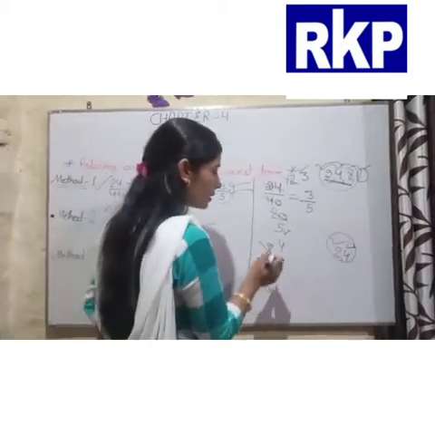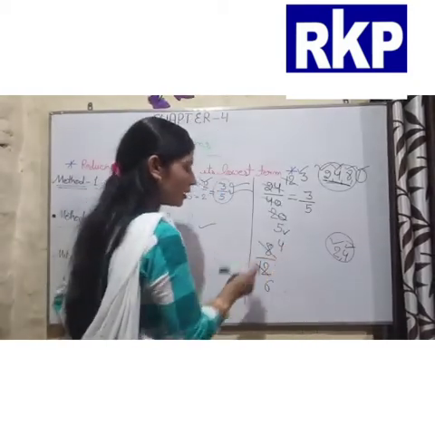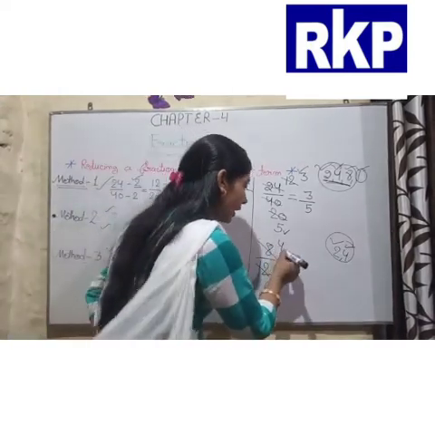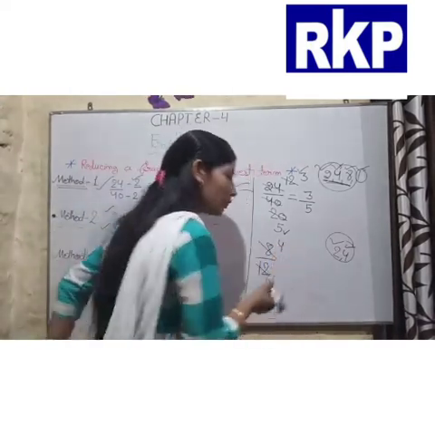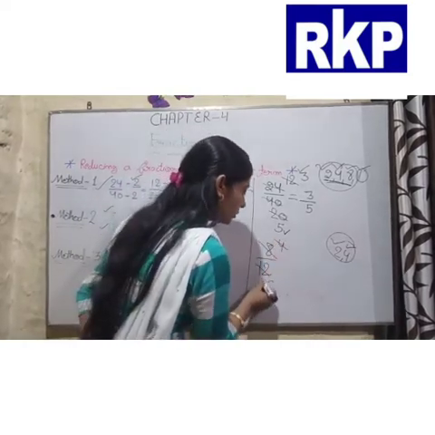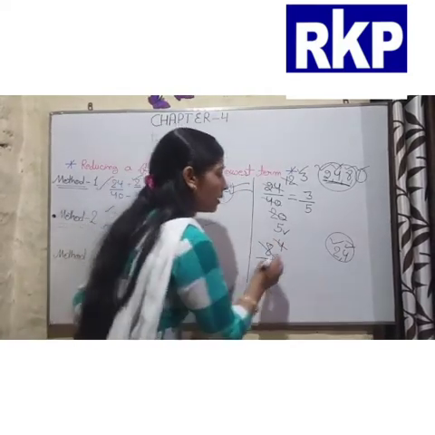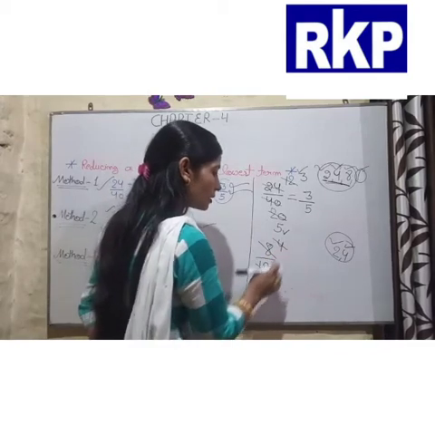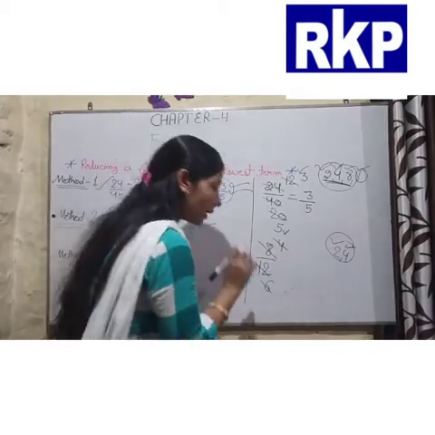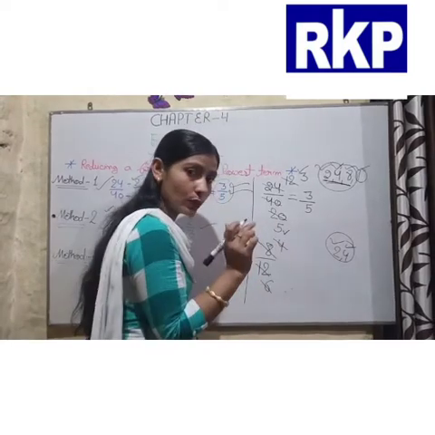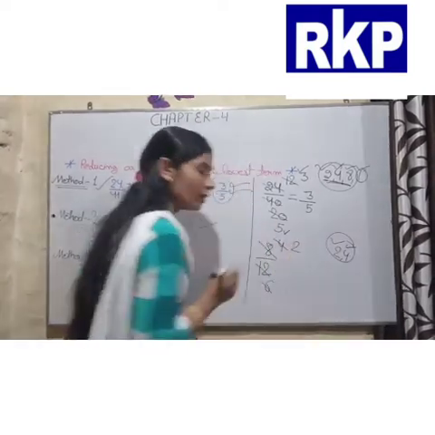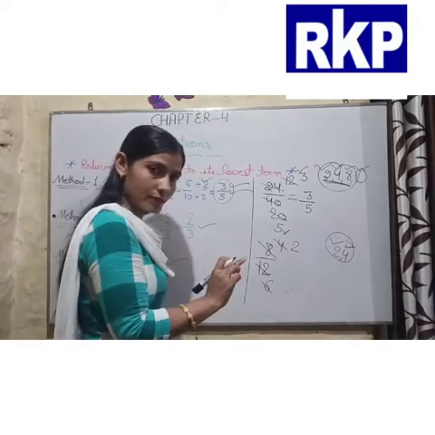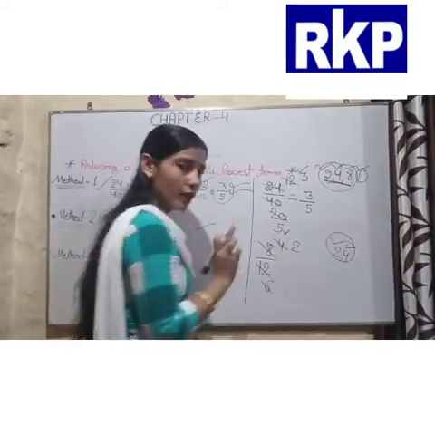Now we can see 4 and 6 both are even numbers, so we can divide 4 and 6 by 2. So cut both numbers. When we divide 4 by 2, we will get 2. We have to write only the quotient.